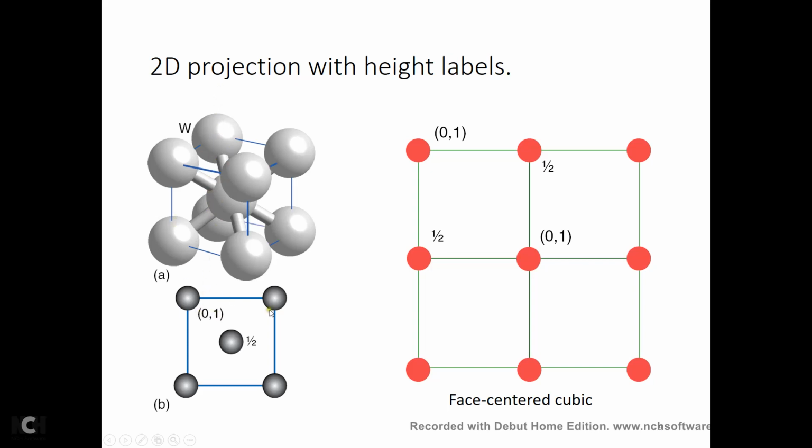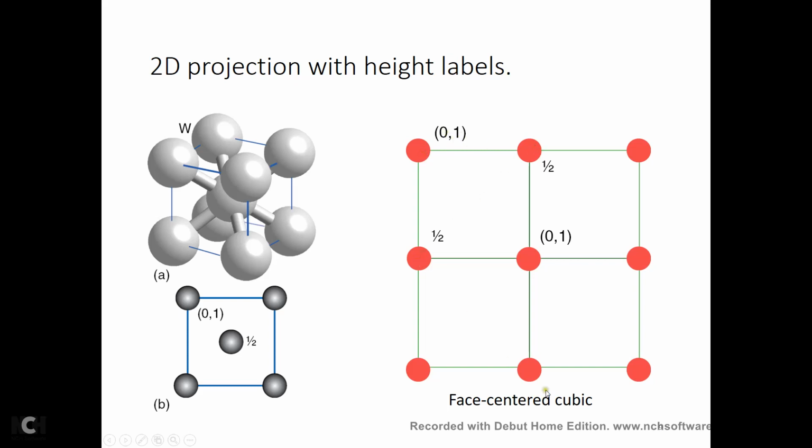Now, what about a face-centered cubic structure? Again, we'll just do a 2-dimensional picture here. This is just the top view. But if you see 0 and 1, that means there are 2 layers of such atoms, with a height of 0C and 1C.